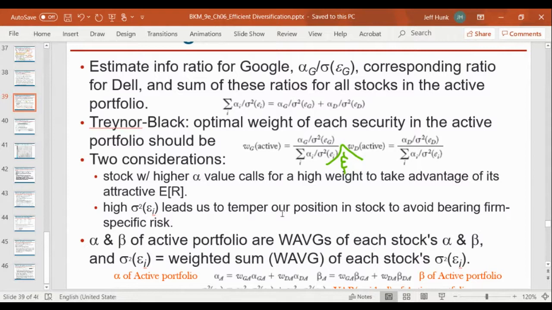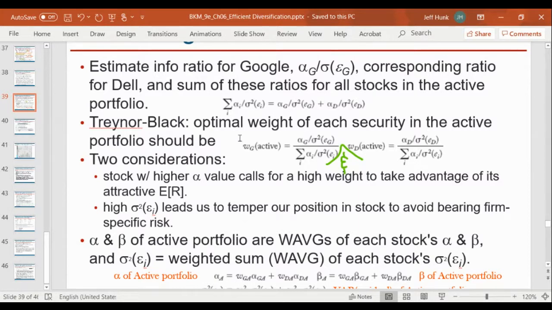Then we broke the optimal risky portfolio down into a stock portfolio and bond portfolio. And now we are breaking down that stock portfolio into the passive index portfolio and this active portfolio.